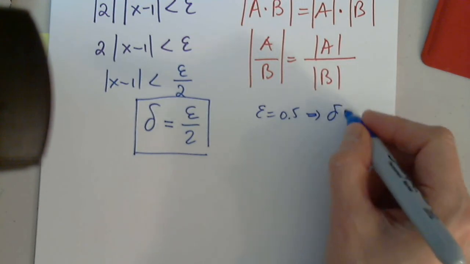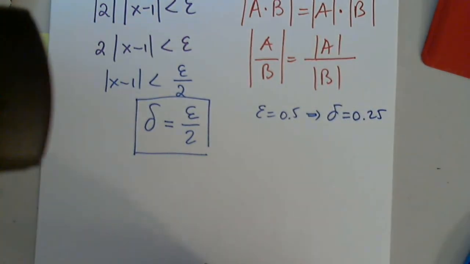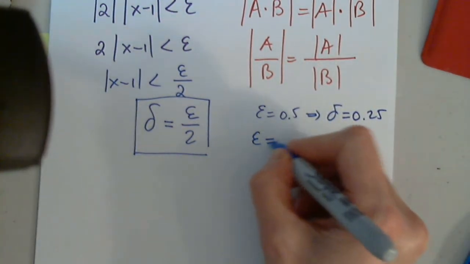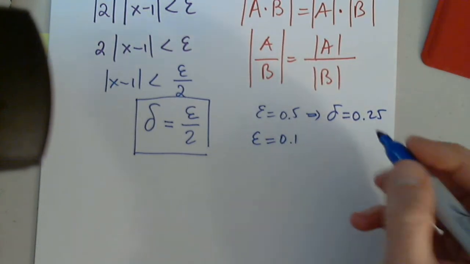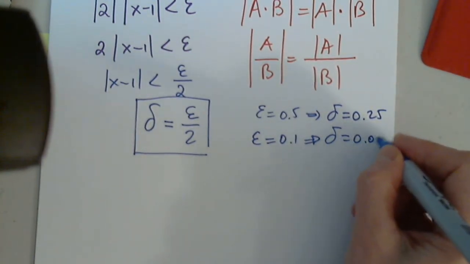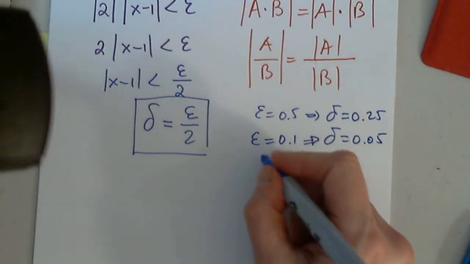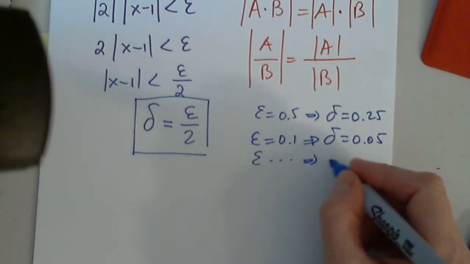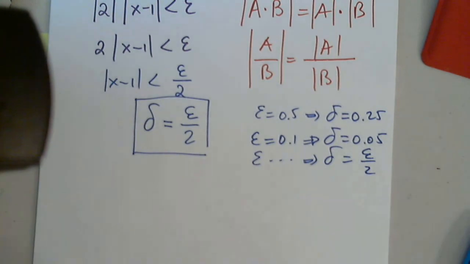No problem. If you say my epsilon is 0.1, give me my delta. Okay, no problem. If you say epsilon is whatever, no problem. And this can go on forever. Why? Because the limit exists.